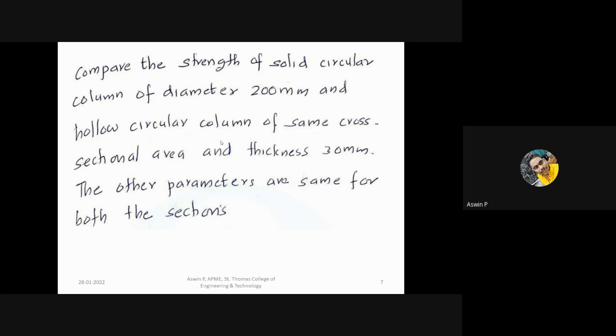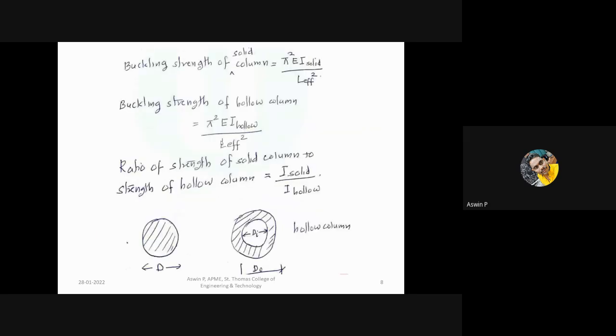But LE, the effective length, also will be same. There is no change for effective length, only diameter is changing. So you need to find out the ratio of I solid to I hollow. That is moment of inertia of solid to hollow. Then that will be directly giving the buckling strength of solid column and hollow column.